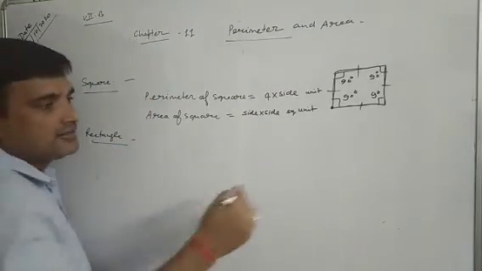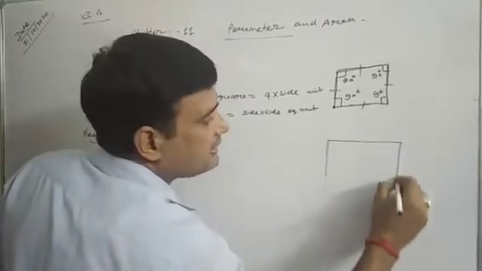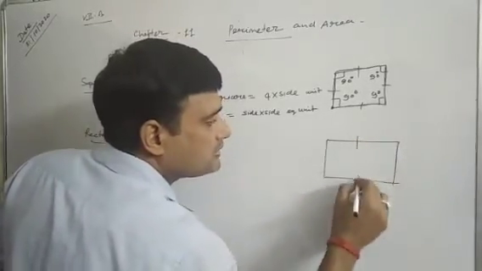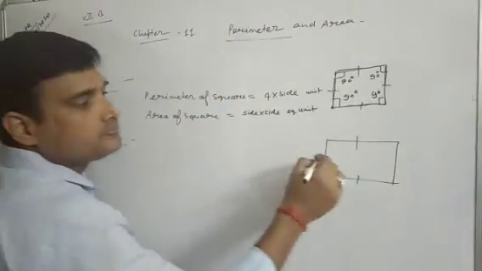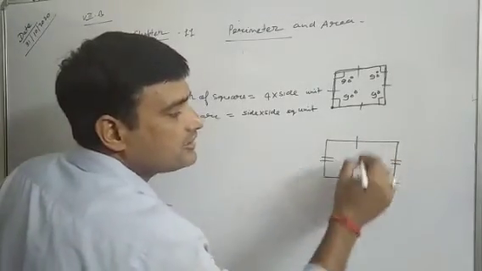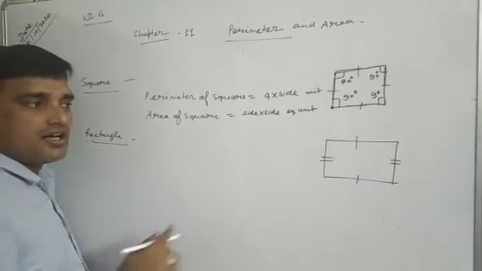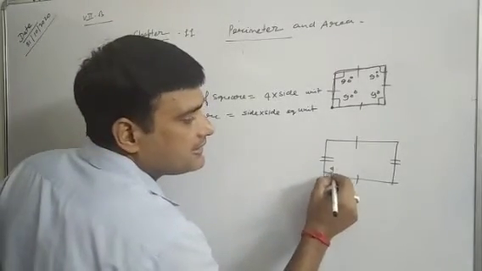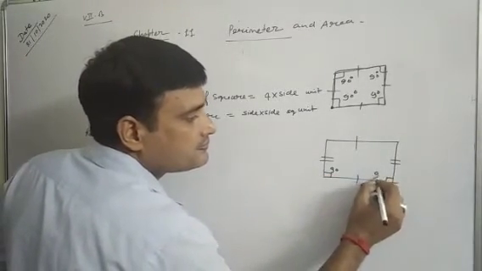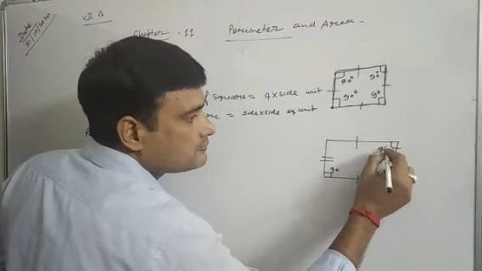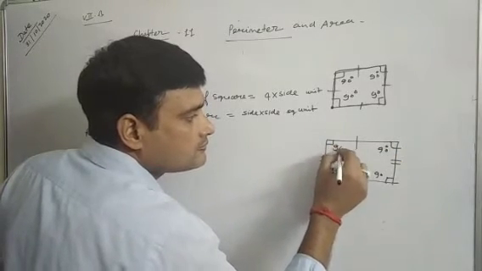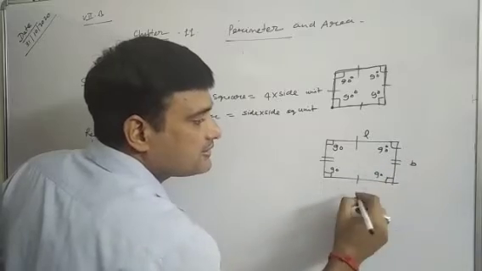Now rectangle. Here you see in a rectangle opposite sides are equal. This side equals this side and this side equals this side. Corner angle measures 90 degrees. This is length and this is breadth.